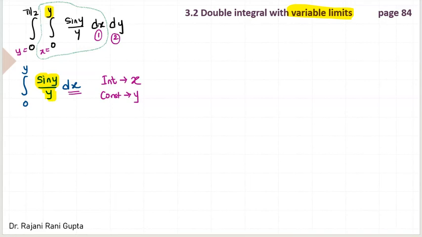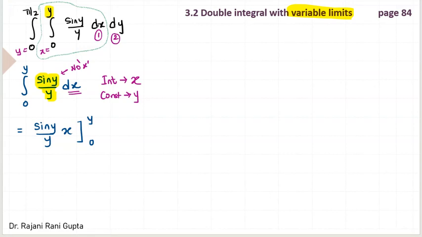We don't have x, right? No x term. So what will be the integral? The integral will be, this all is a constant, sine of y over y. And since there is no x, we will write here x. And the limits are from 0 to y.